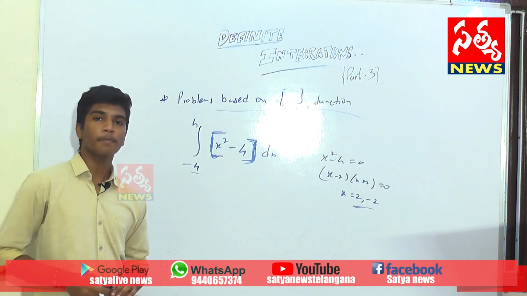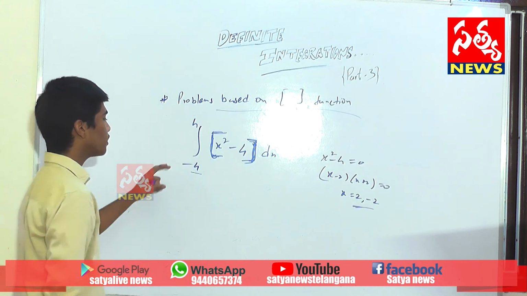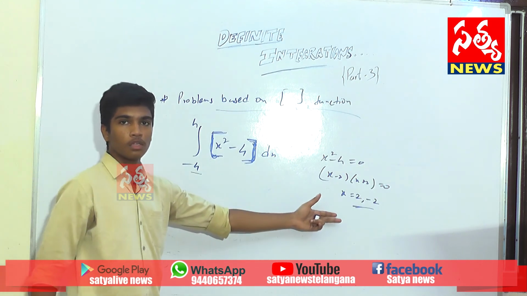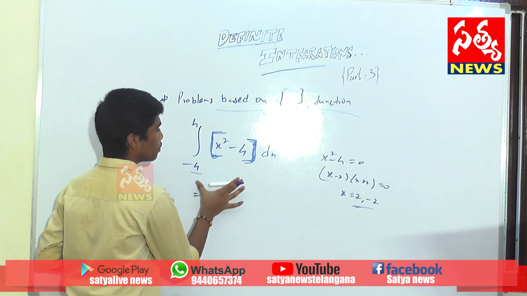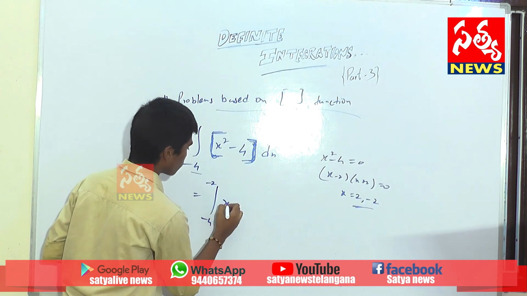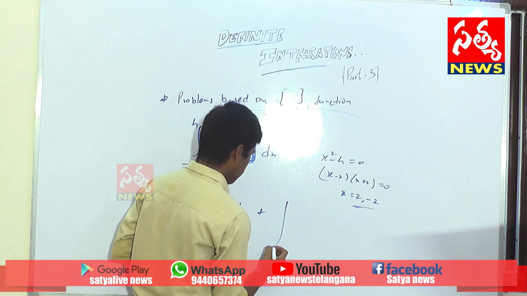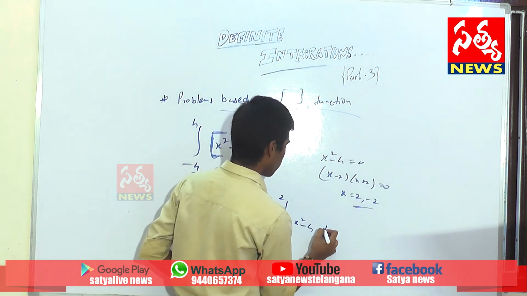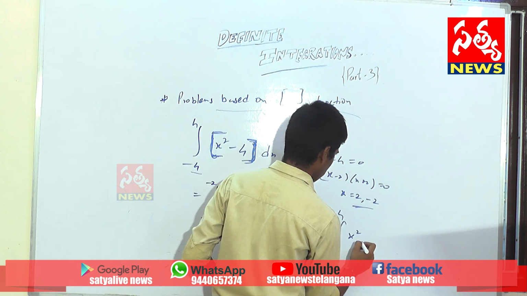So according to the second step, we have to expand the limits, or write the limits from the lower limit to the range of f of x. So the function can be split like this: integration from minus 4 to minus 2 of x square minus 4, plus integration from minus 2 to 2 of x square minus 4, plus integration from 2 to 4 of x square minus 4.